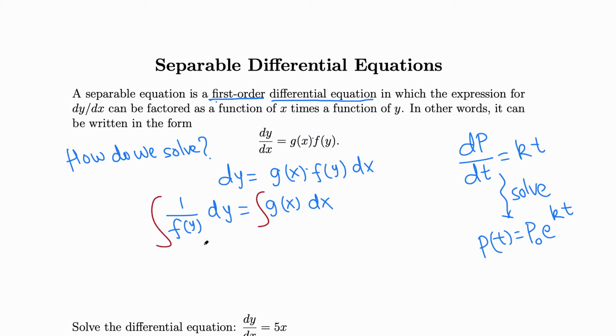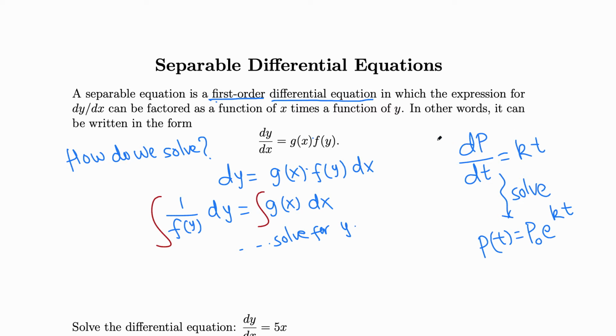Now this integration could be easy or could be very complicated, but in any case we learn a lot of methods in this class. We integrate, then next we solve for y, that means isolate y, and that's our solution.